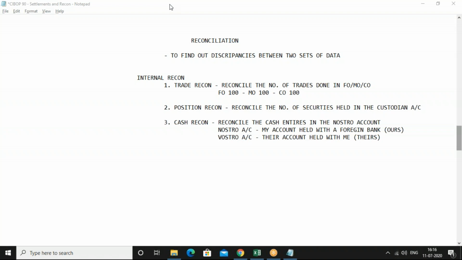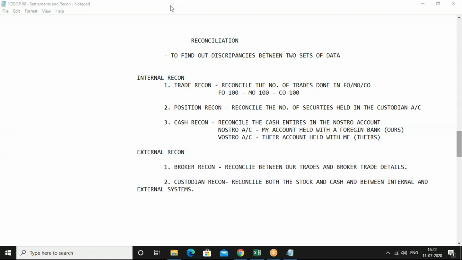That is why, after a transaction is done, they reconcile all the deals that they have done, so that they can get paid their commission. That's what we call broker reconciliation. Then you have custodian reconciliation, where you're going to reconcile both the stock and cash between your internal and external systems. So these are the two major ones: broker reconciliation and custodian reconciliation.